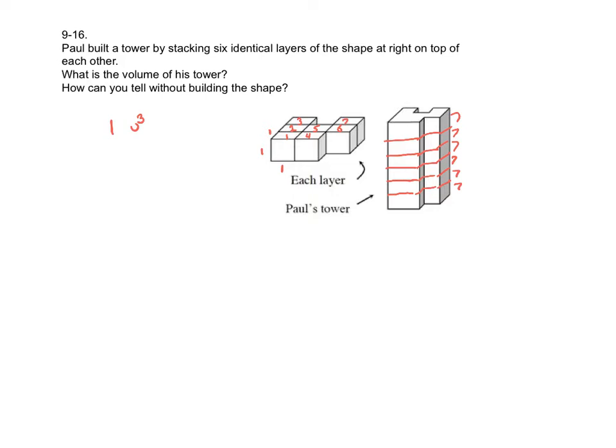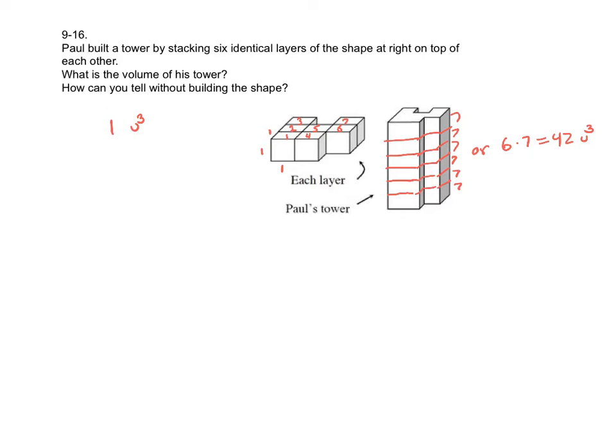So to figure out the total volume, I just have to add all of those layers together, or we can multiply 6 times 7, because there's 6 layers of 7 blocks each, which will give me 42 units cubed. And that will be the answer that goes in your first one.